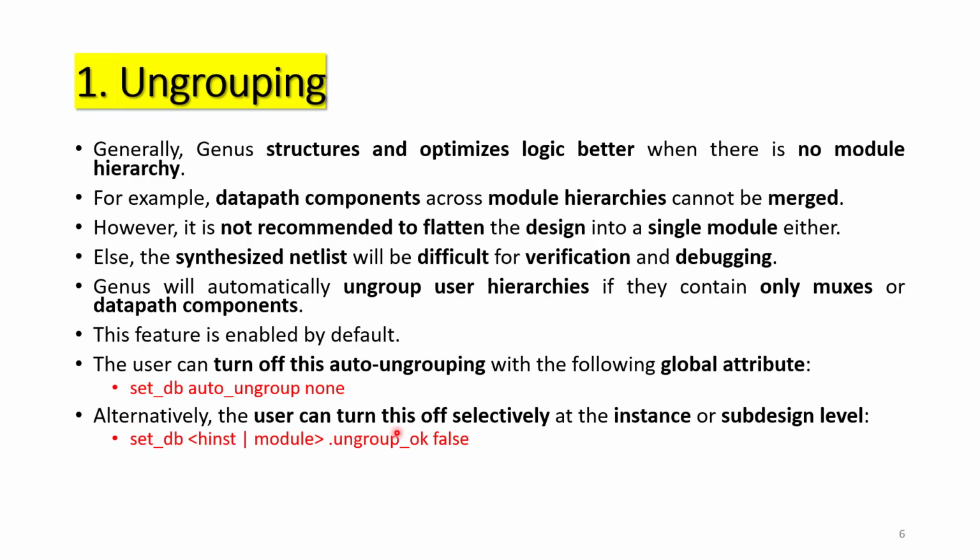Alternatively, the user can turn this off selectively on an instance or a sub design level. An instance, as I told you, is nothing but the name given to one of the submodules. So set_db with the hinst, which stands for hierarchical instance, or else you can use it for a module, and it is .ungroup_ok false. You can turn it off by using this particular command.